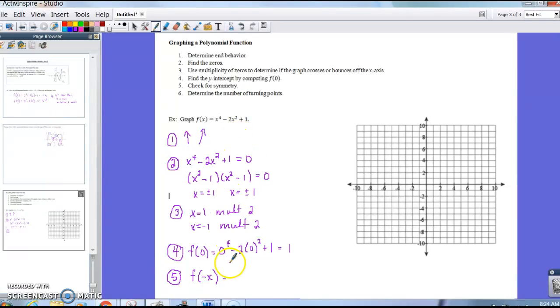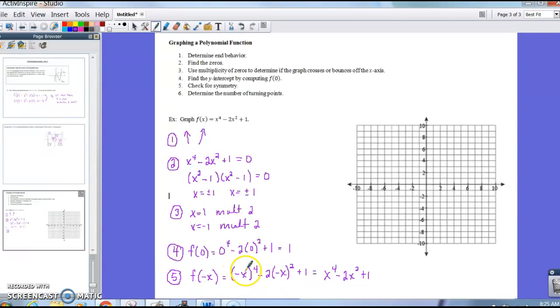And we plug that in: (-x) to the 4th minus 2 times (-x) squared plus 1, which gives us x to the 4th minus 2x squared plus 1.